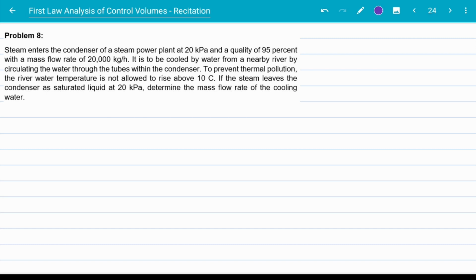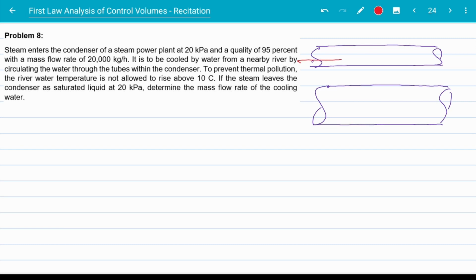So basically, we are dealing with a heat exchanger. We have steam going through a pipe like this and losing heat to river water going through a pipe like this.